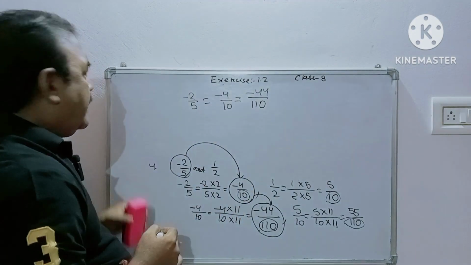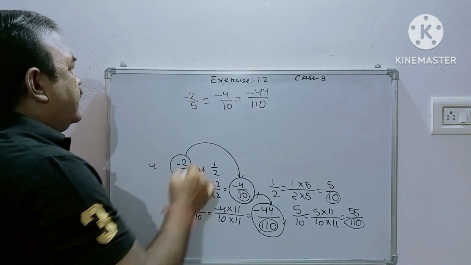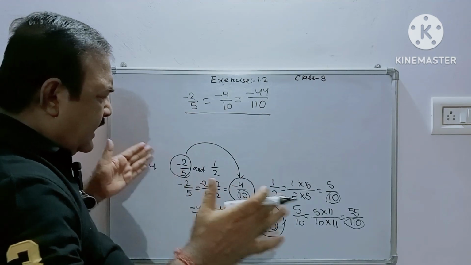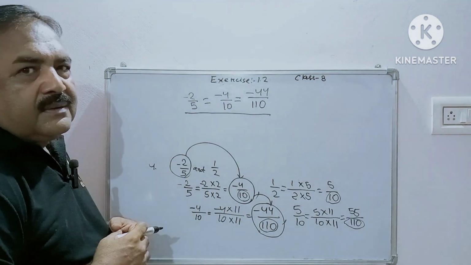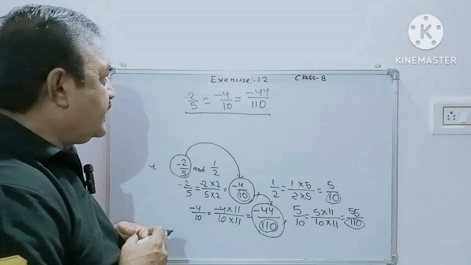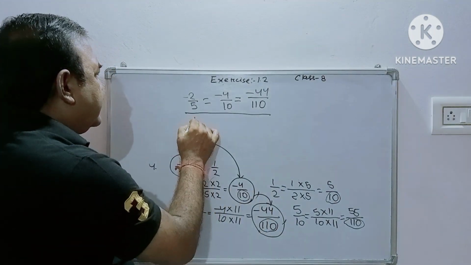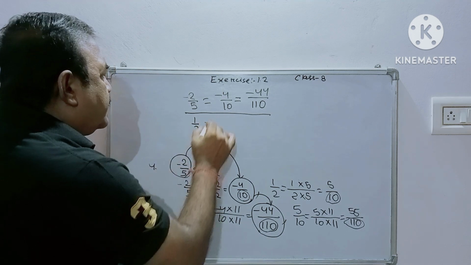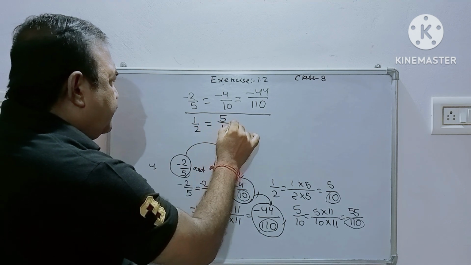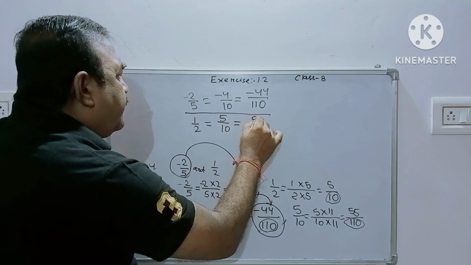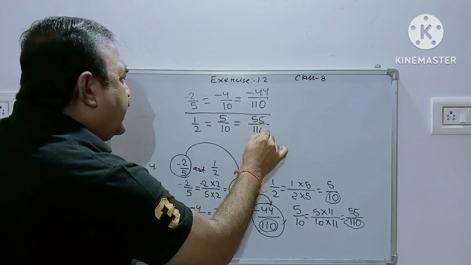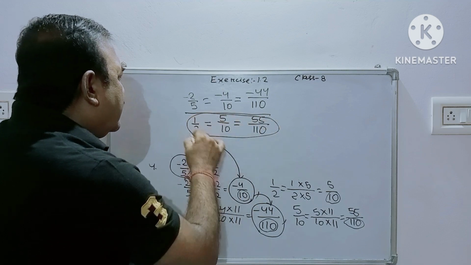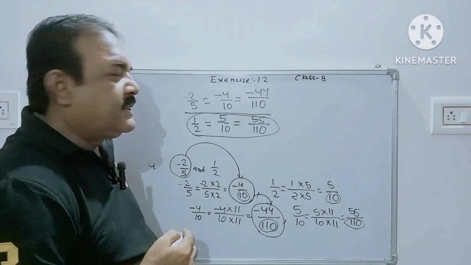So finally what I am trying to say is the value remains the same, but we just extend the range to find our rational numbers easily. And in this case you see the next rational number, that is 1 upon 2, that is 5 upon 10, that is equal to 55 upon 110. So all are equivalent rational numbers.